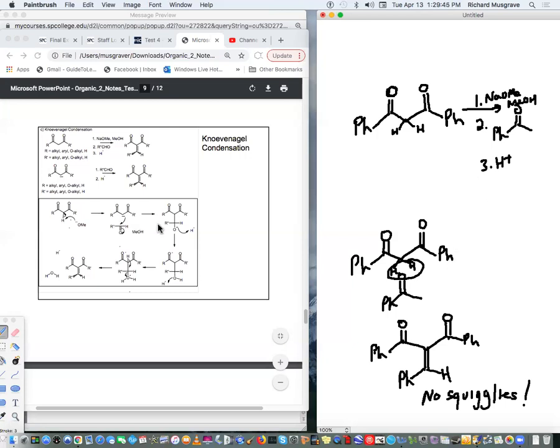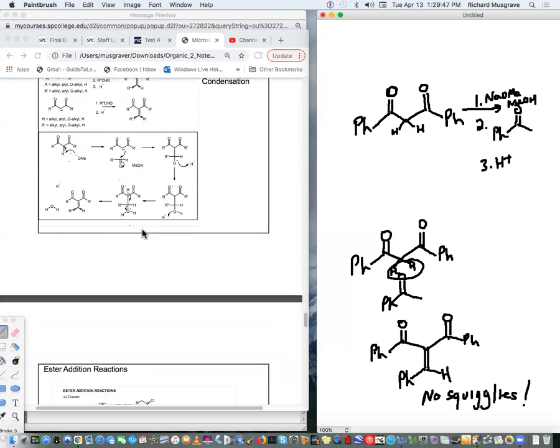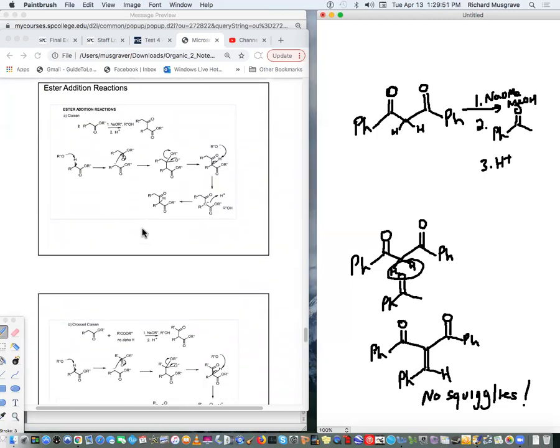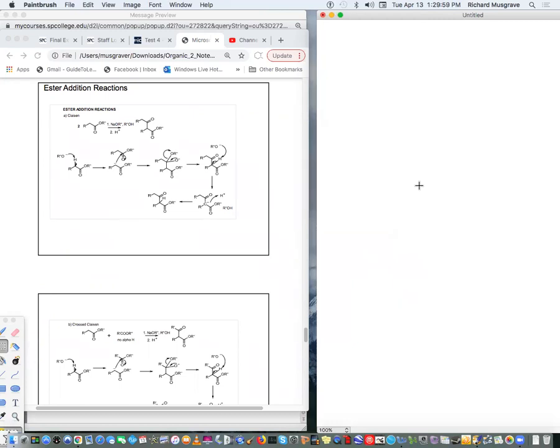Okay, now if you want to know the mechanism, it's there, but I'm not going to push that right now. The next set that I wanted to talk about are called the Claisen reactions, the Claisen and the cross-Claisen. Now, these are a little different to the aldols because we're starting here with esters rather than aldehydes or ketones.